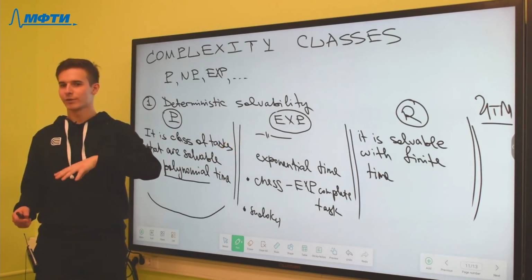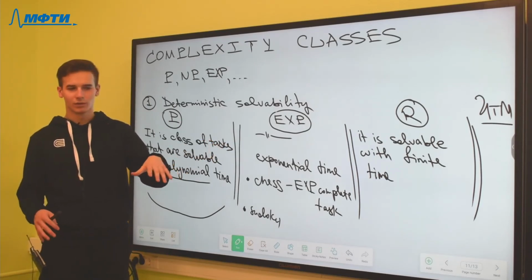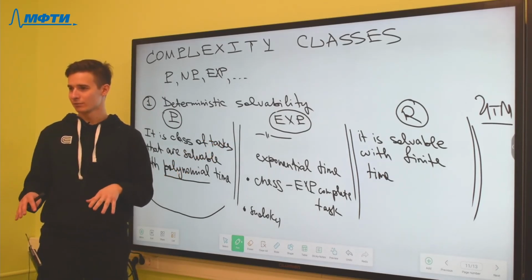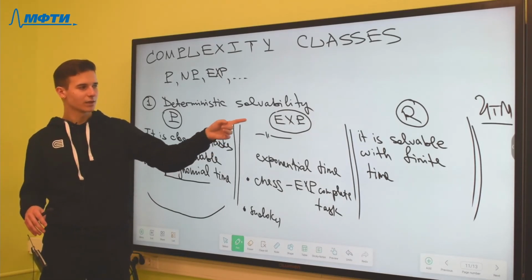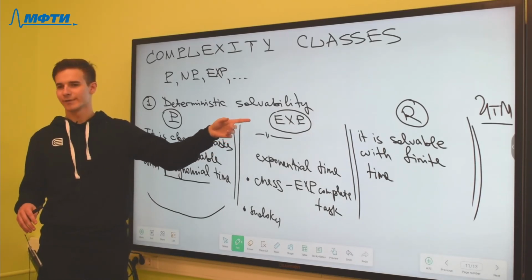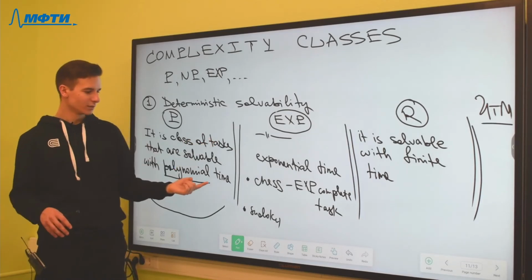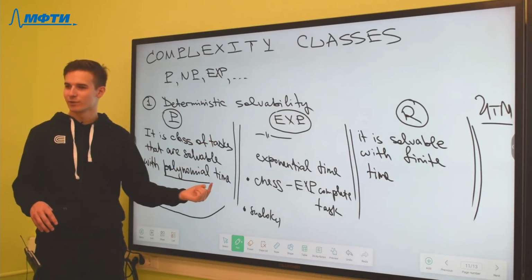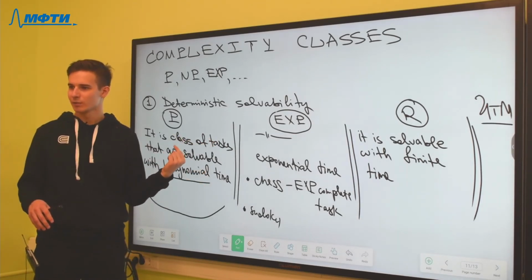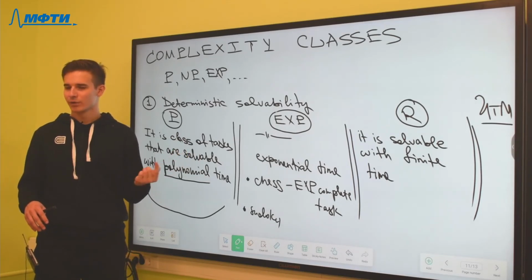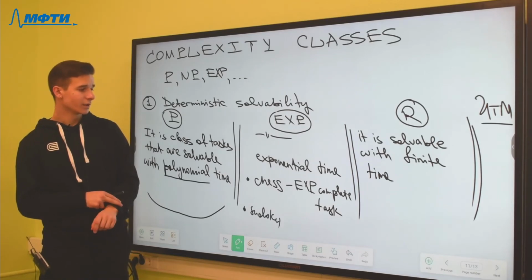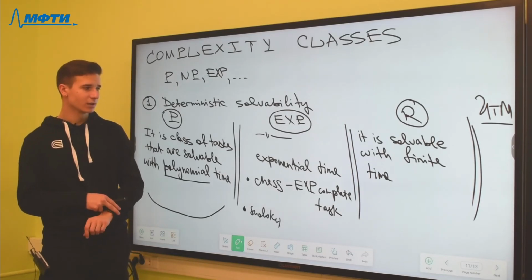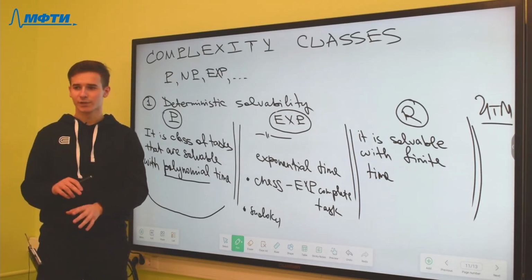So before you try to implement some code, ask, can we solve this task in polynomial time? Can we solve it in linear time or square time? Because if we can't, then we need to solve it, for example, approximately.